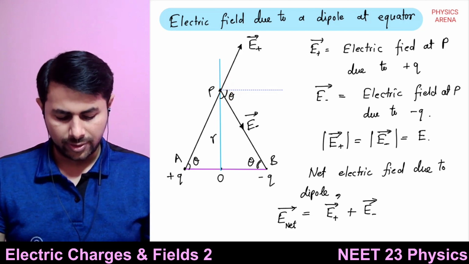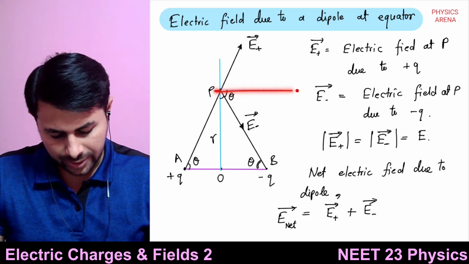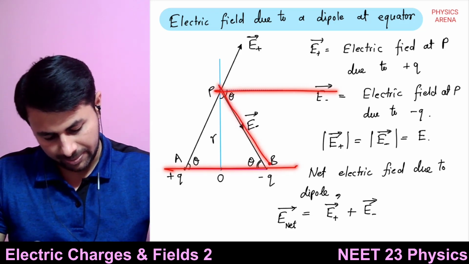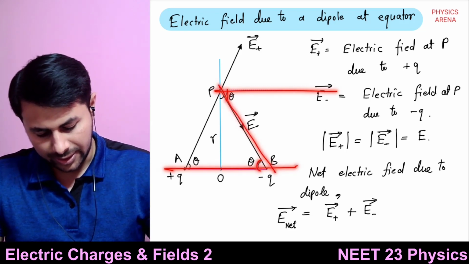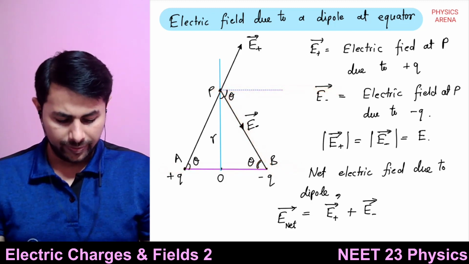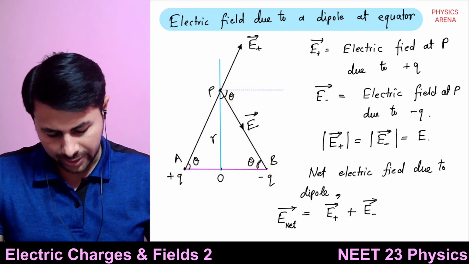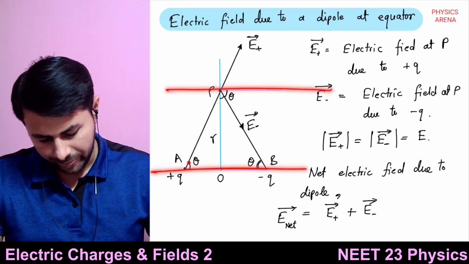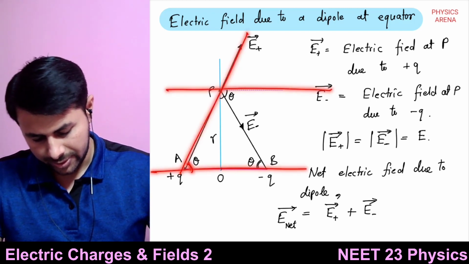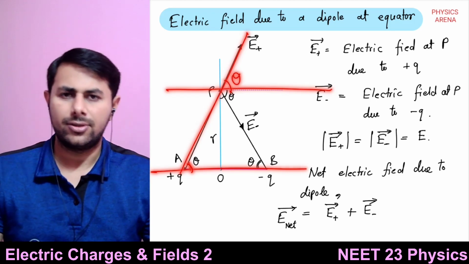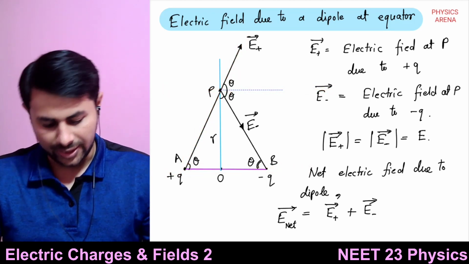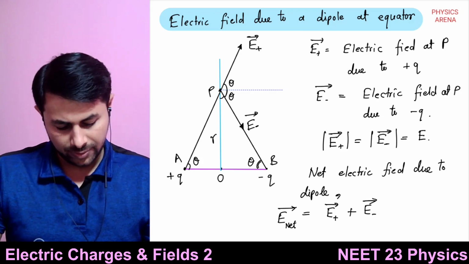Or you can say these are two parallel lines, this is an intercept, so these are alternate angles and they will be equal. And again these are two parallel lines, this is an intercept, these are corresponding angles, so they are also equal. So this angle is also equal to theta.